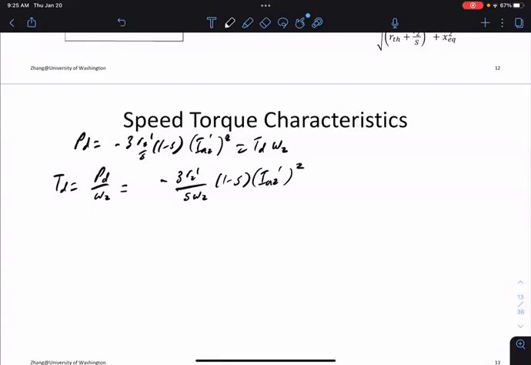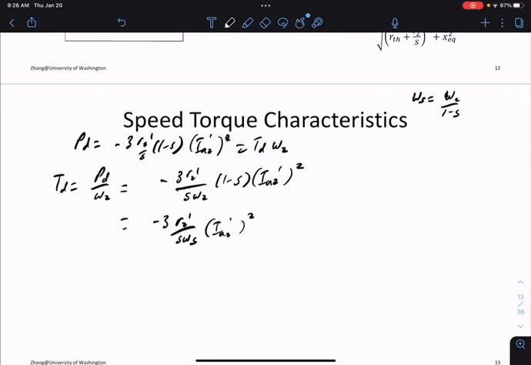It's easier to use omega S as omega 2 times 1 minus S, again by the definition of S. So here we can write it as minus 3 R2 prime S over omega S times IA2 prime squared.